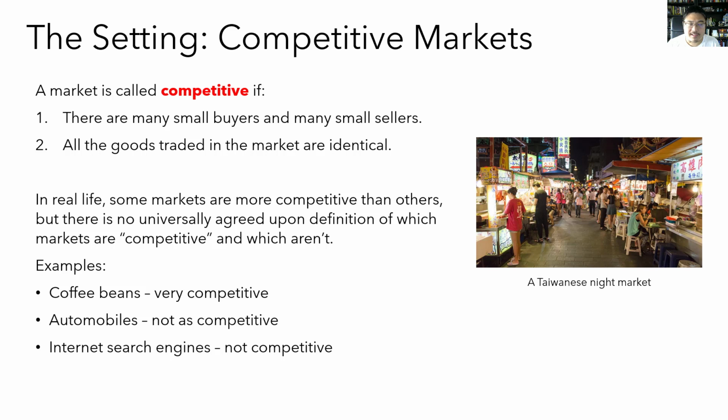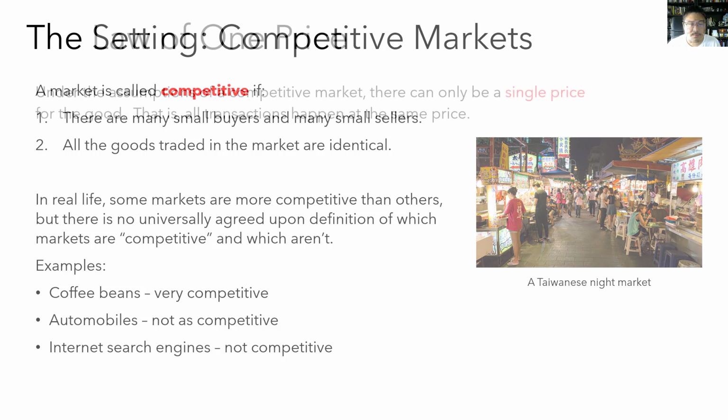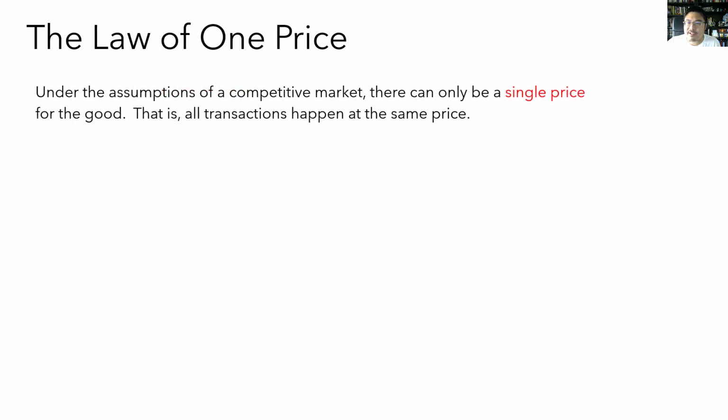Of course, like I said, competitiveness is a matter of degrees, and so the lessons that we learn today are still going to be applicable to markets like automobiles, maybe just to a lesser degree, and there might be additional factors to consider when we're looking at less competitive markets. And in fact, we're going to be discussing those other factors in less competitive markets in later lectures of this course. Now, under the assumptions of a competitive market, there can only be a single price for the good, right?